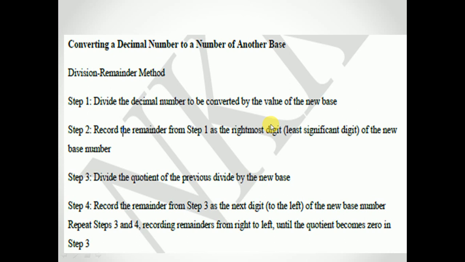We will see. After this, you have to repeat steps 3 and 4 until the quotient becomes 0 or 1. So this is the conversion of a decimal number to a number of another base.